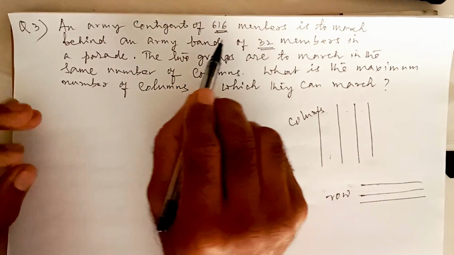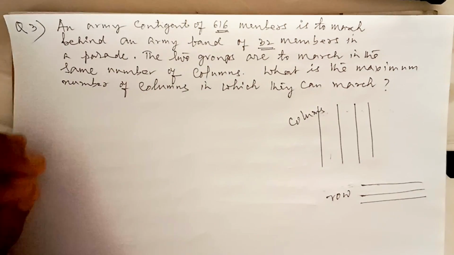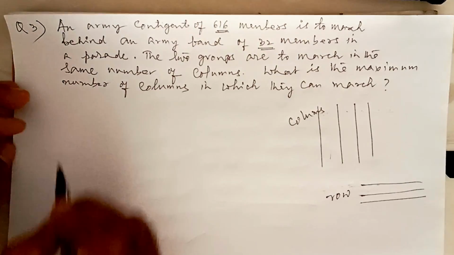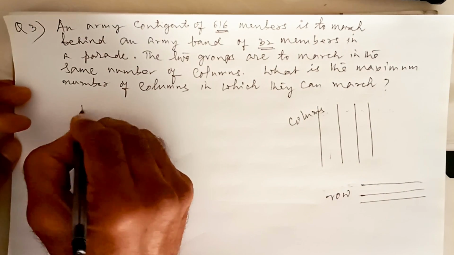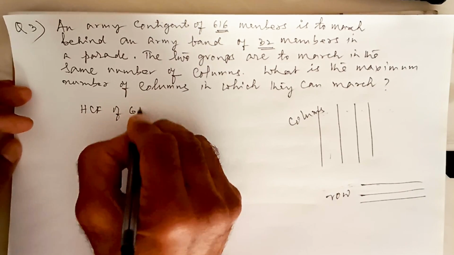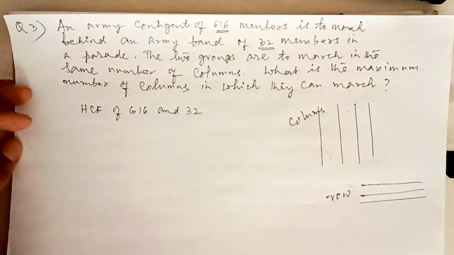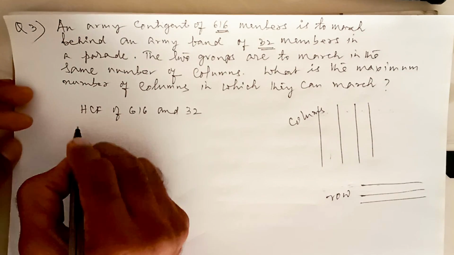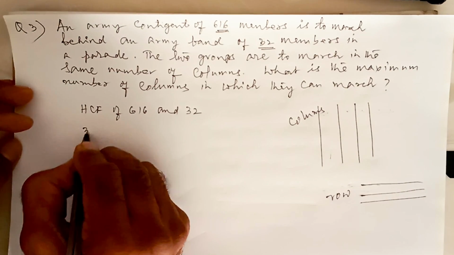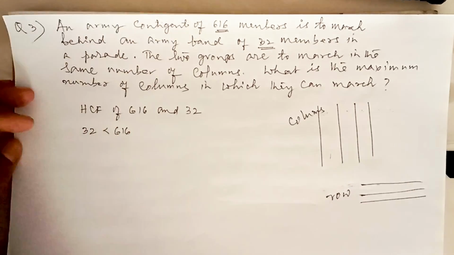You need to find out the HCF. Whatever is the HCF of these two numbers will be the answer for this question. Here you need to find out HCF of 616 and 32. That's all. As you know, 32 is smaller than 616.